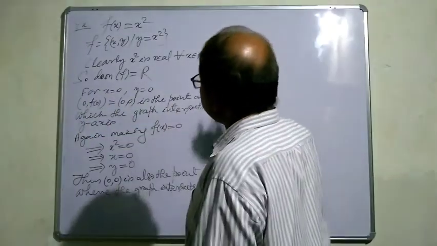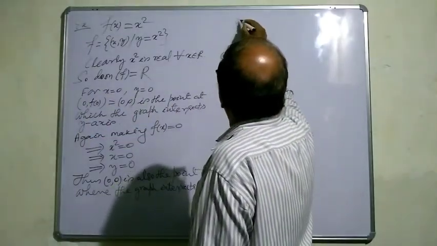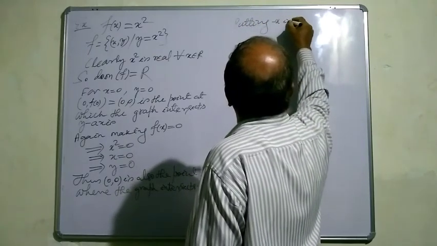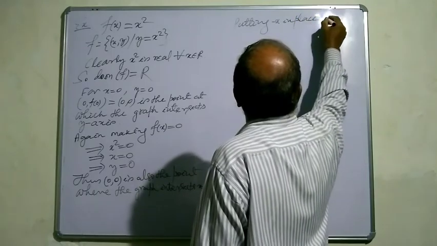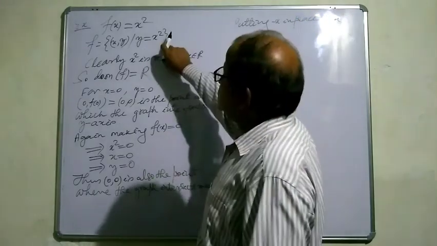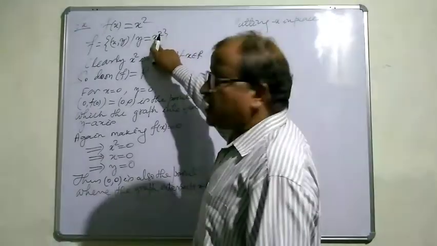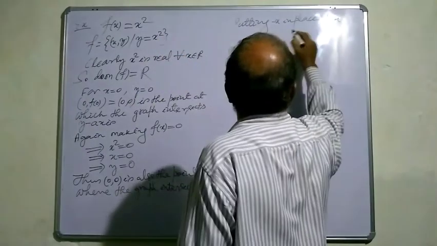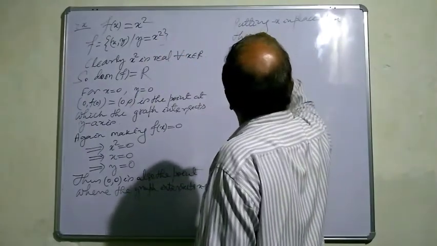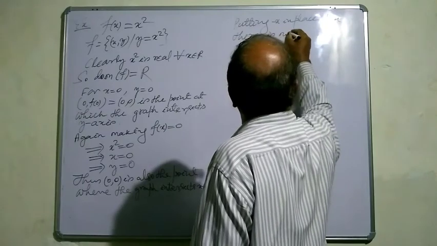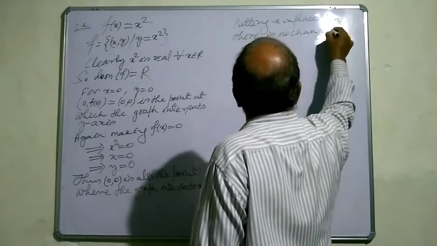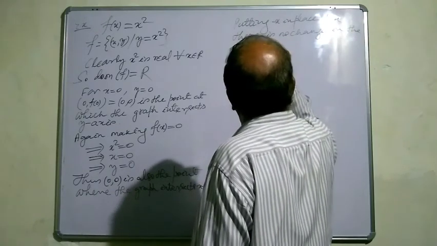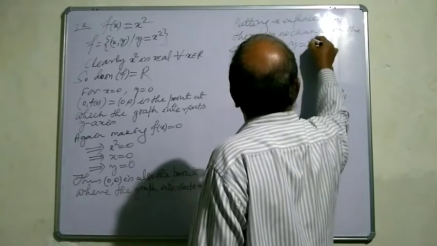Again, symmetricity. Putting minus x in place of x. You see, y is equal to x square is the equation. Putting minus x in place of x, it will be y is equal to x square. There is no change in the equation y is equal to x square.